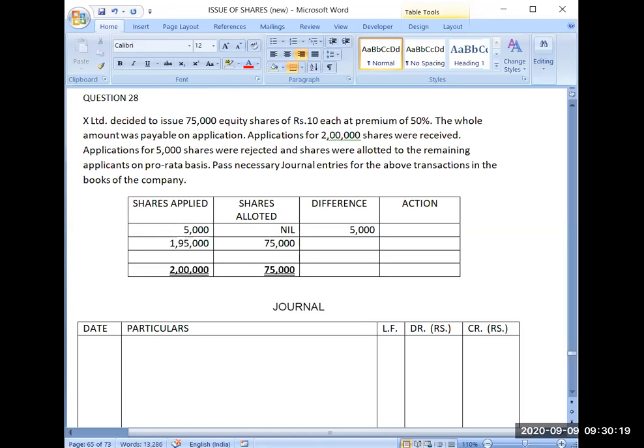Both will be done in this manner. So now you can see these two columns are completed. Till here, any confusion, any query, any doubt? What was our first step in this table? Tell me.